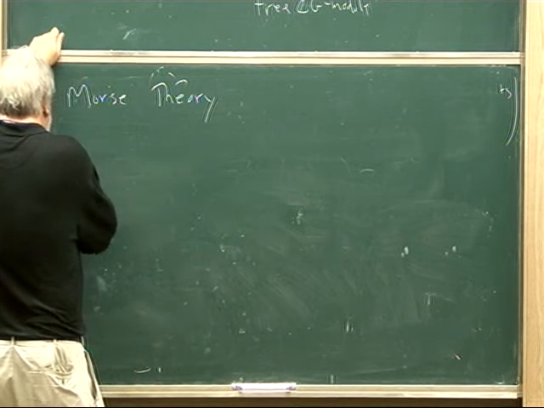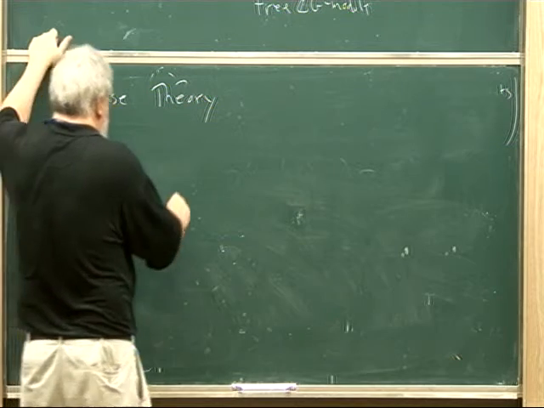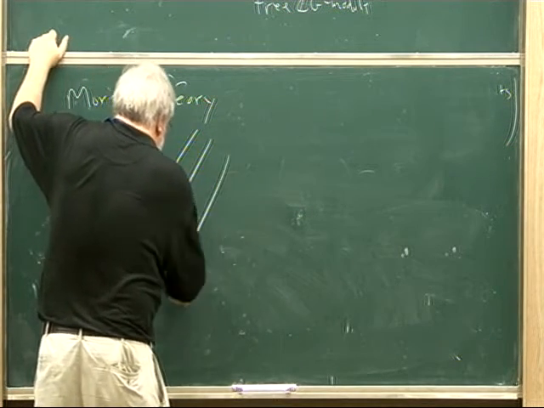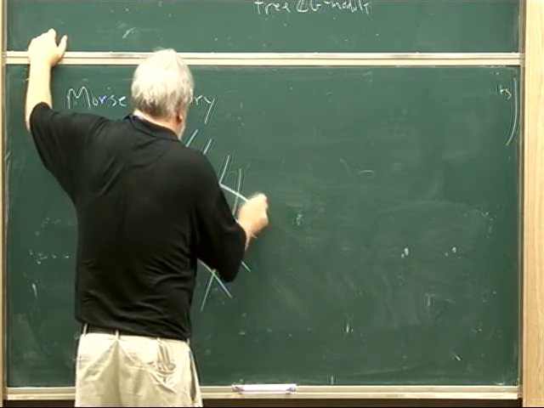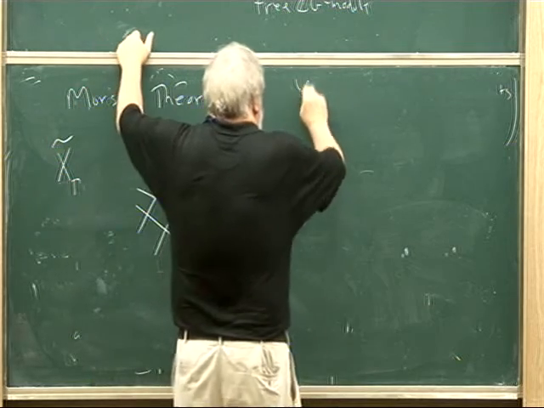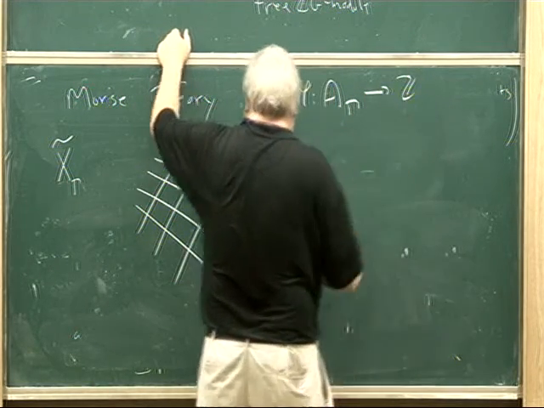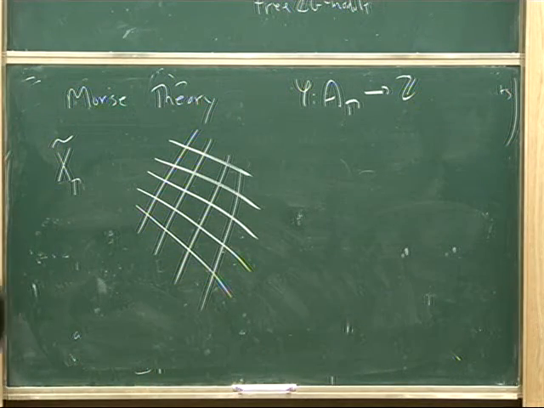So the picture is you look at the universal cover of this X2 tilde gamma. I don't know how to draw that. Maybe I'll just draw it like it was R2 divided by squares. And then we have this map phi from the right-angled Artin group to Z, which is basically the sum of the exponents in a word.